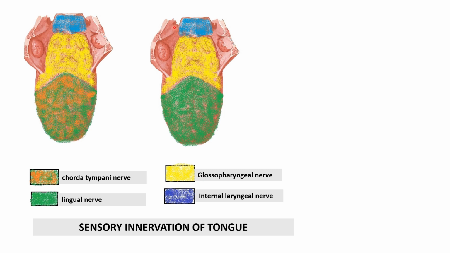Further, from the posterior most part of the tongue, that is this vallecular region, both general sensation and taste sensation are carried by a nerve called internal laryngeal nerve, that is a branch of superior laryngeal nerve, ultimately from vagus nerve. So these are the sensations from the posterior most part of the tongue.